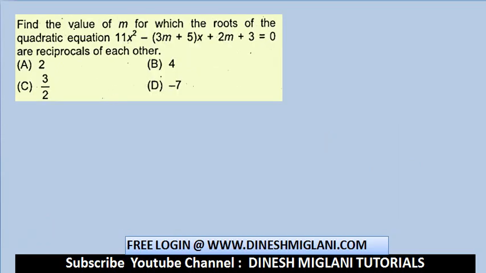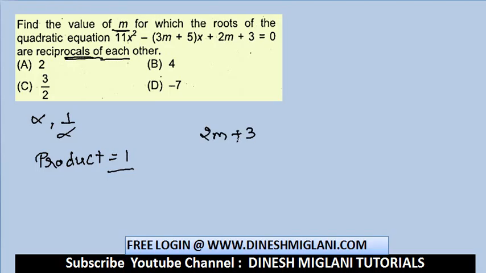Next one is: find the value of m for which the roots of the quadratic equation are reciprocal to each other. We know that when roots are reciprocal to each other, the product of the roots is always equal to 1. The product of the roots is c upon a, so you may say 2m plus 3 divided by 11 is equal to 1.